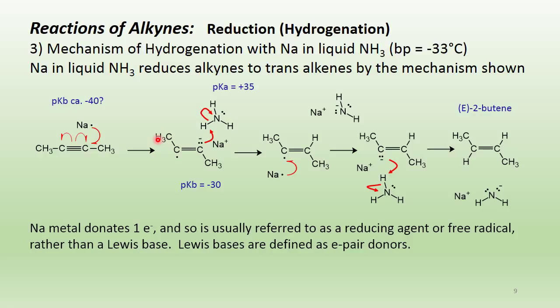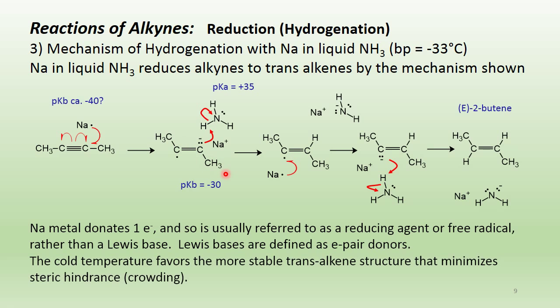The term for that is steric hindrance. We say that this minimizes steric hindrance. And I would argue that the cold temperature favors the more stable trans alkene structure and minimizes the steric hindrance or crowding. I think at higher temperatures you'd probably have a mixture of both cis and trans products formed.